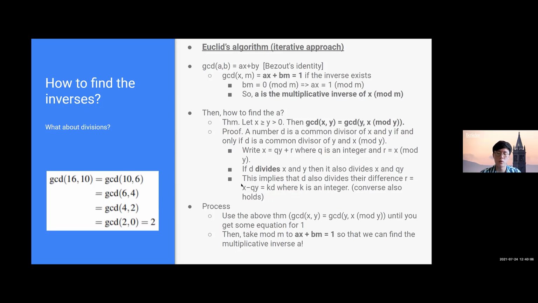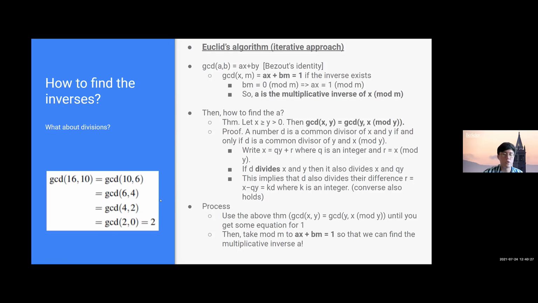So X is a multiple of D, QY is also a multiple of D, so you get KD, where K is an integer, which is a multiple of D. So the converse also holds, so we just proved that we can use GCD of x comma y equal to this GCD.